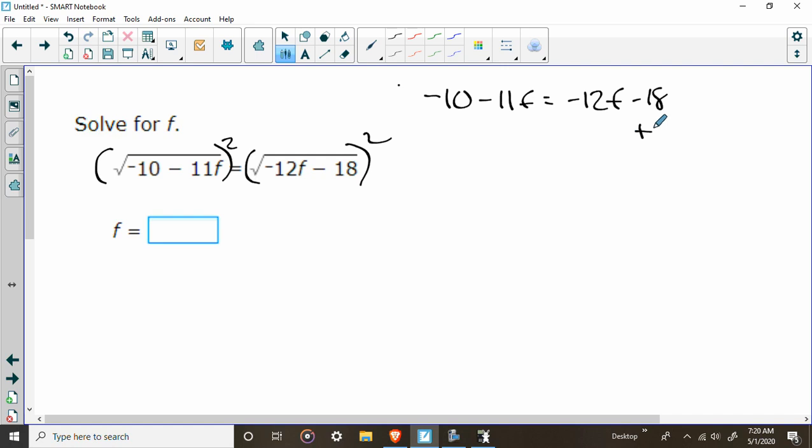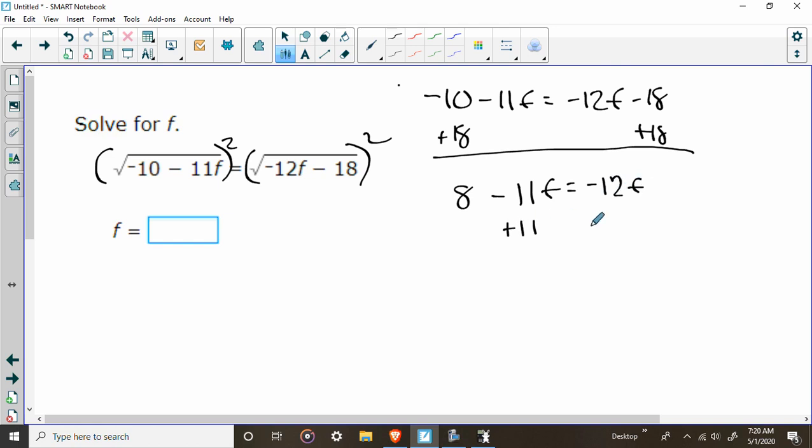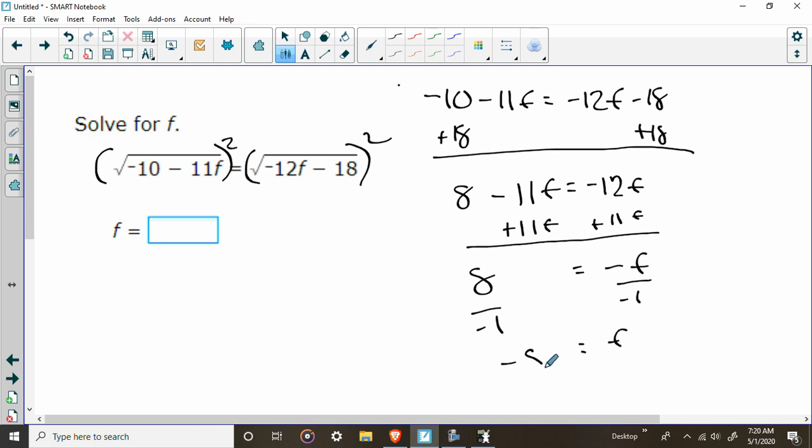Let's move an 18 over here and an 18 over here. 8 minus 11f is equal to negative 12f. We're going to add 11f. I know that 8 is equal to negative 1f, which means that f is negative 8.